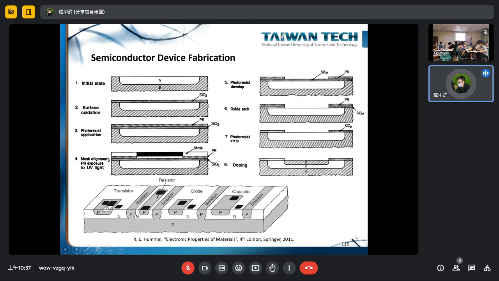These are the four main steps. Combining them together, you can have different orders. Like first lithography, and then etching and diffusion, and then you go to lithography again, which combines into the whole semiconductor processing chain.